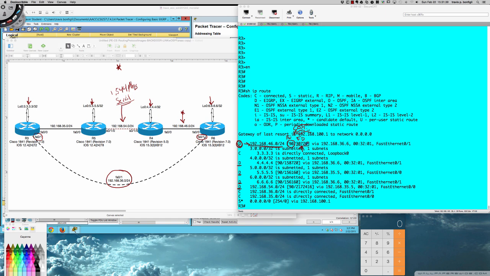So this is my cost to go from router 3 to the 192.168.46.0 transit network here. My cost is 30,720. And then we have this via, right? Remember that what follows the via is my successor.